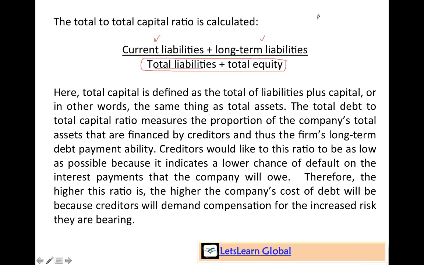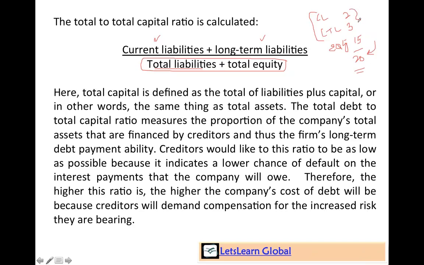Say for example, we have current liability of 2 million, long-term liability of 3 million, and equity of say 15 million. The total is 15 plus 3 plus 2, 20 million. What we are going to calculate is the total debt capital over this total amount.